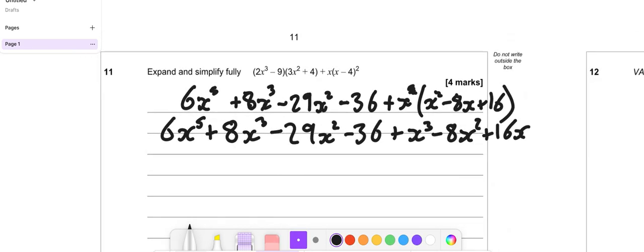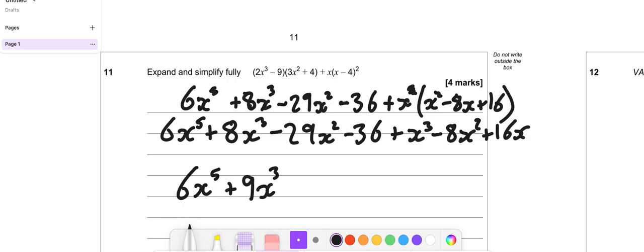So altogether we've got 6x to the 5 plus 9x cubed minus 37x squared plus 16x minus 36.